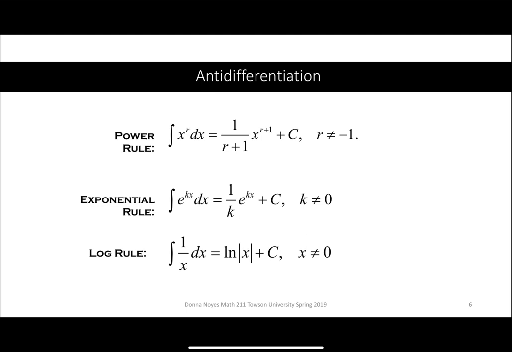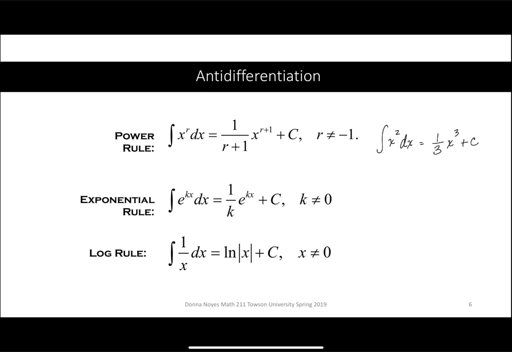So that was the same as saying our integral of x squared dx would be, well, the power r here is 2, so it's 1 over 2 plus 1, which is 3, x to the 2 plus 1, which is 3, plus c. And this is something we sort of stumbled into when we were looking at the examples earlier. You add 1 to the power and you divide by the new power. That's what our power rule of antidifferentiation is saying.